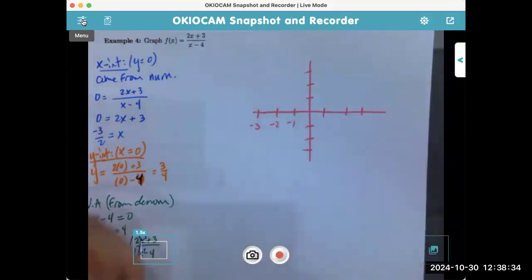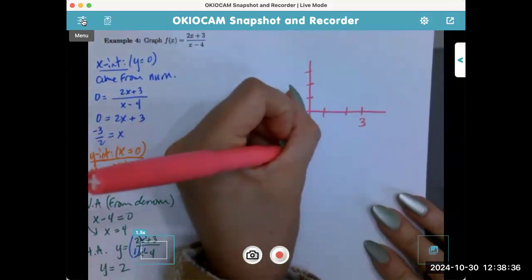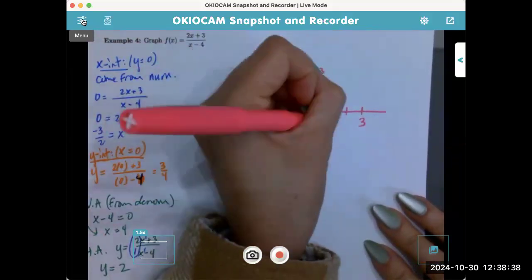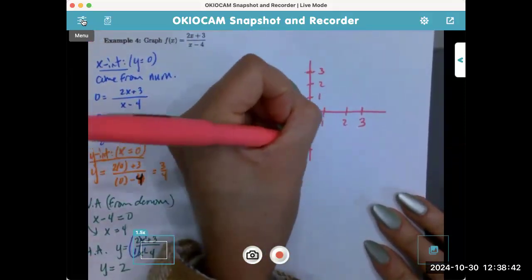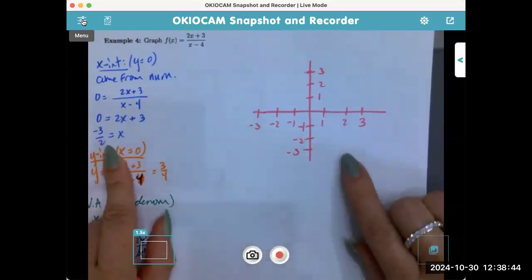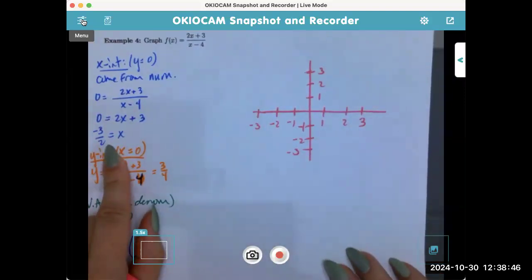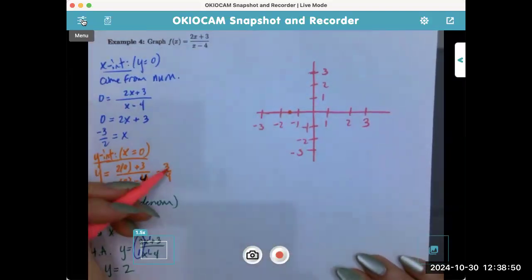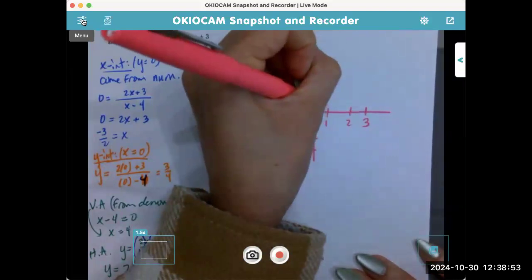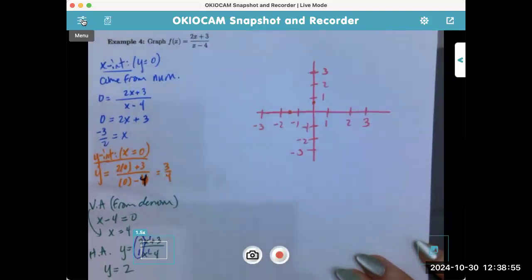Why I'm doing threes, who knows? There we go. All right, so now, -3/2, that's -1.5. 3/4 is nearly 1, that's .75, so there we go.